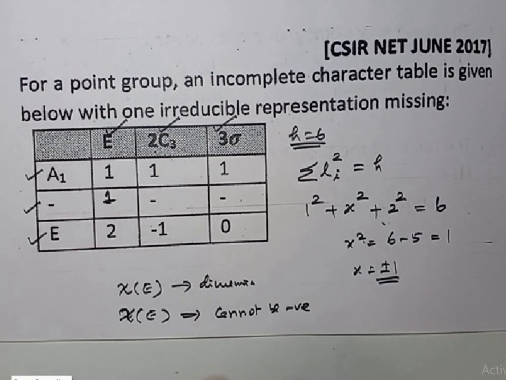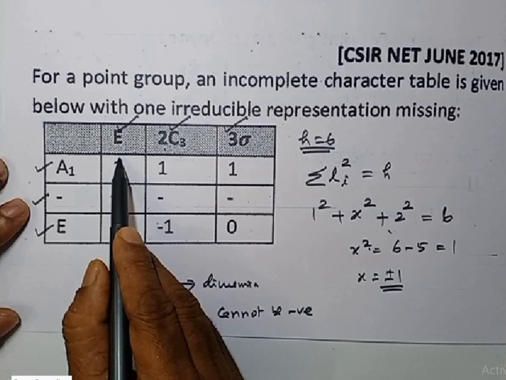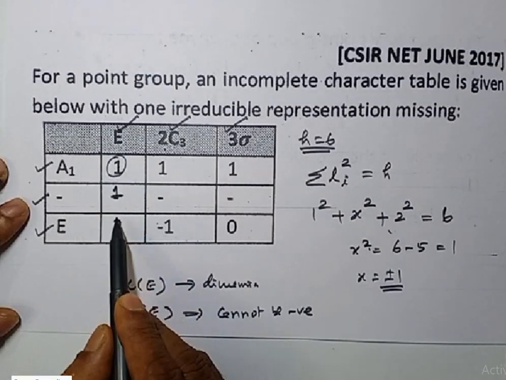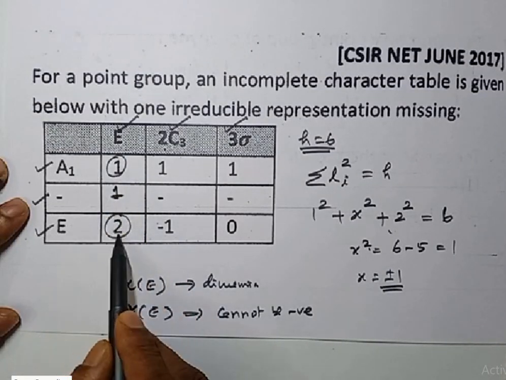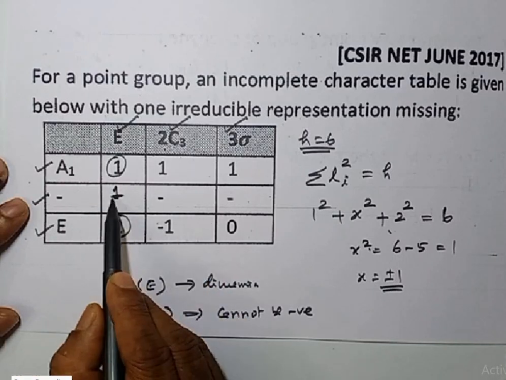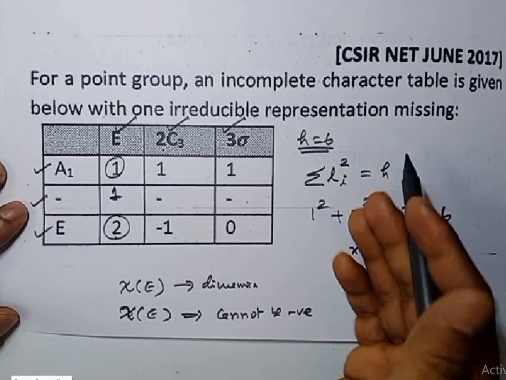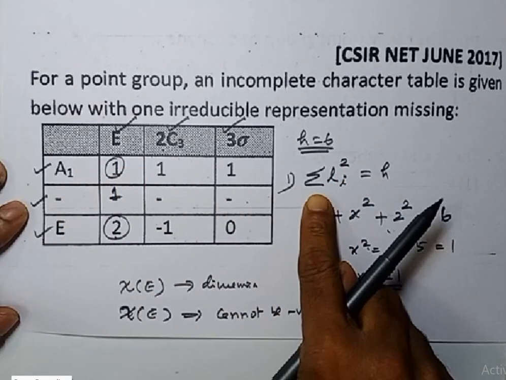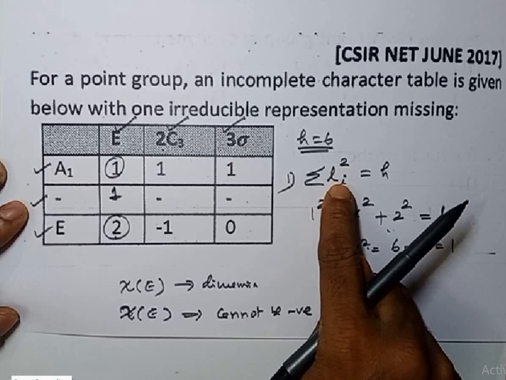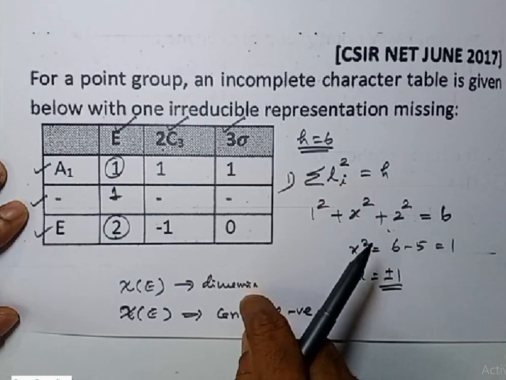Listen to what I did. These are the dimensions: A1 is 1 dimension, E is 2 dimension, and for the middle one, we don't know the number. So I just applied the rule: the sum of the squares of the dimensions of all the irreducible representations should be equal to the order of the group.